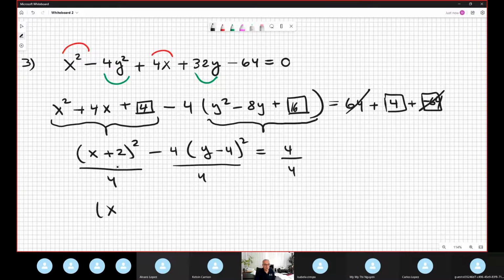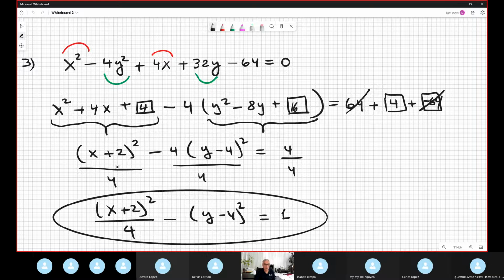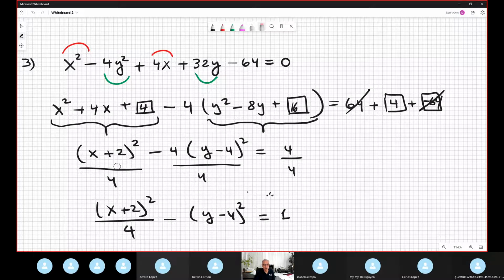We have x plus 2 squared over 4 minus y minus 4 squared over 1 equal 1. Wow, fantastic. This is my elegant equation of the hyperbola expressed in standard form. By the way, it's algebraically 100% equivalent to the original.